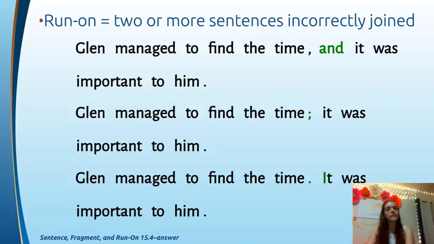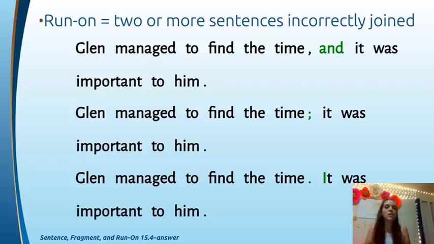You can also do subordination, you're about to see an example, but you could say something like this. You could take "it was important to him," which is not the most important part of the sentence. The most important part of the sentence is "Glenn managed to find the time." You could make "it was important to him" come first. You could say, because it was important to him, comma, Glenn managed to find the time.